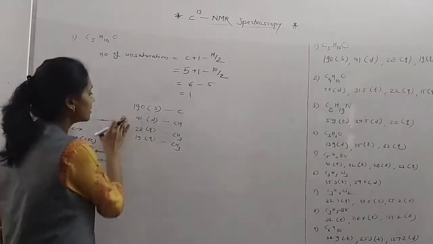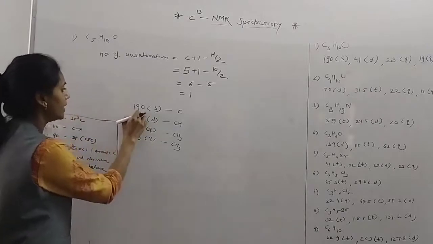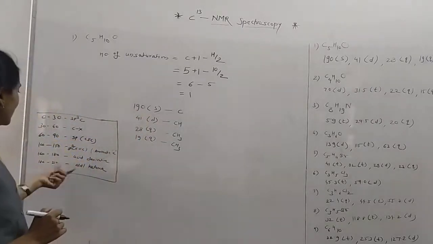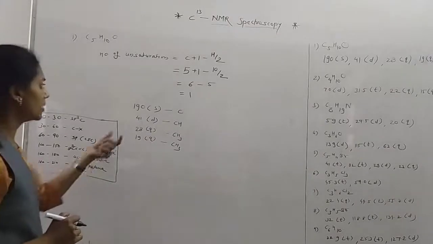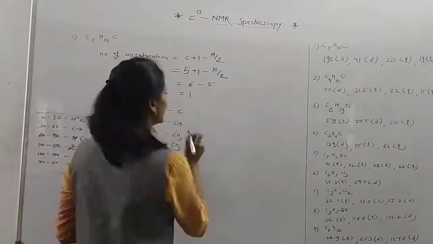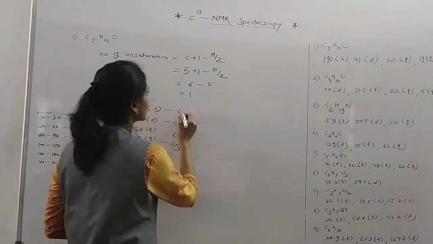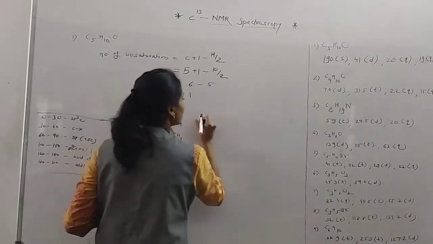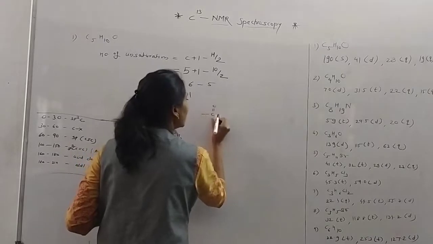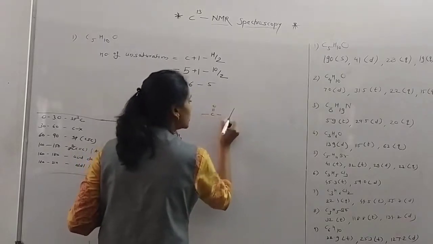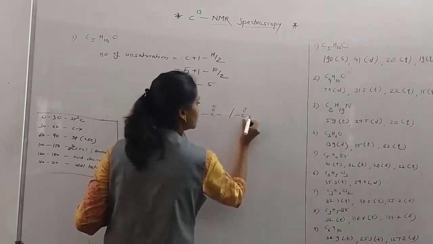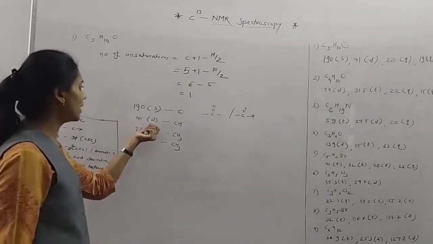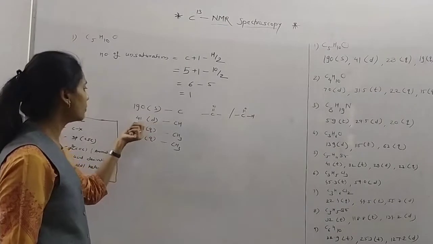Now when we consider 190, it's nearly the aldehydic or ketonic group mostly. And you know there is one unsaturation. That means which functional group is there? Ketone or aldehyde.